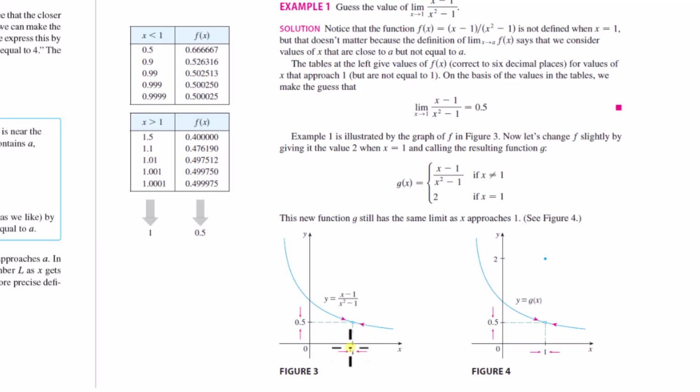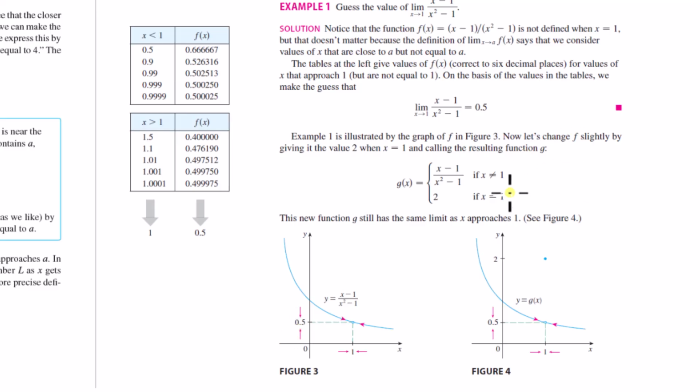Yes, we can't plug in x is equal to 1, but we can plug in any other value of x we want, and there's no issue. Based on this graph, we could get infinitesimally close to x is equal to 1 on either side, and we would be sandwiching the output value 0.5.